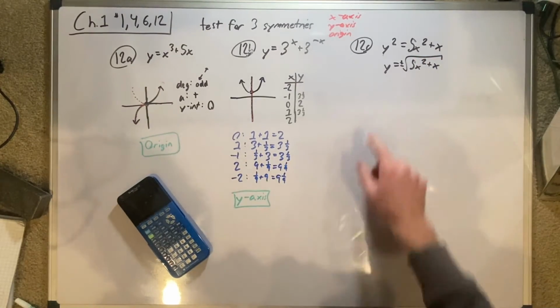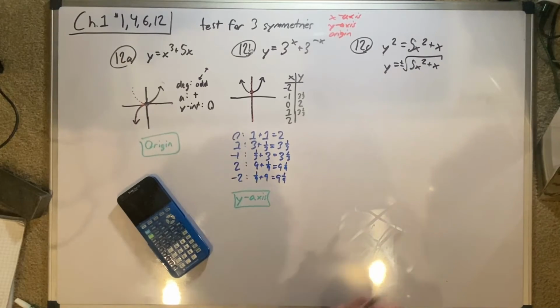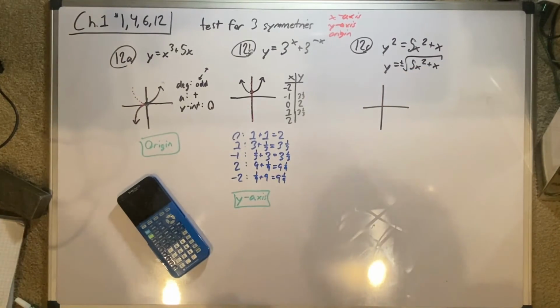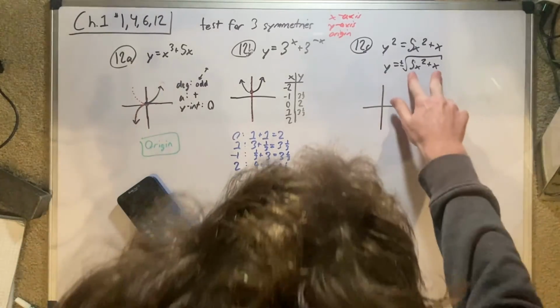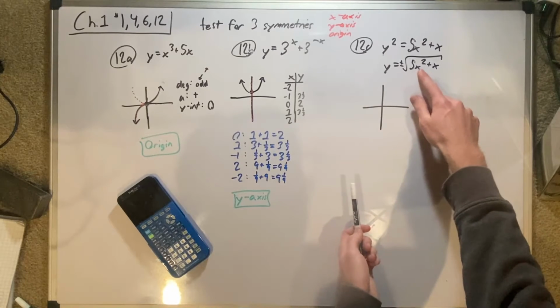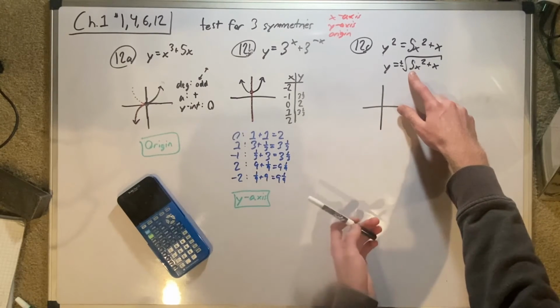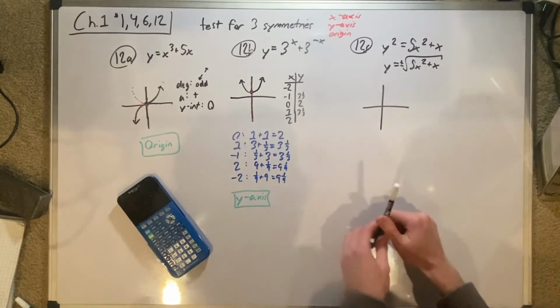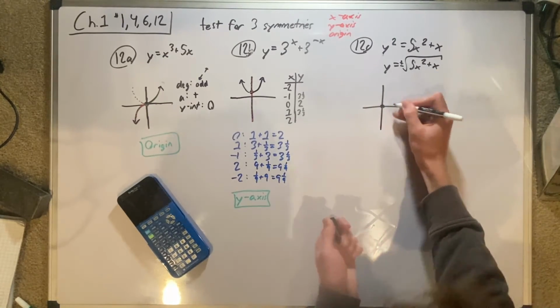That's going to come in handy later. So now let's create our graph again. What things can we plug in for this to get it to equal 0? Well, 0 squared is 0, times 5 is 0, plus 0 is 0. So this has a 0.